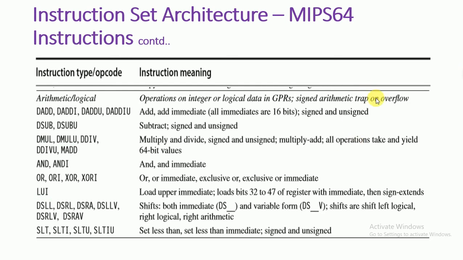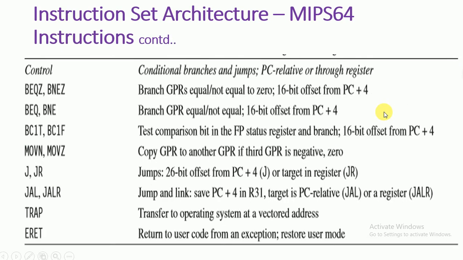Now the next category is control instructions: conditional branches and jumps, PC relative or through a register. Some examples are branch equal to 0 and branch not equal to 0, which depend on the register contents.